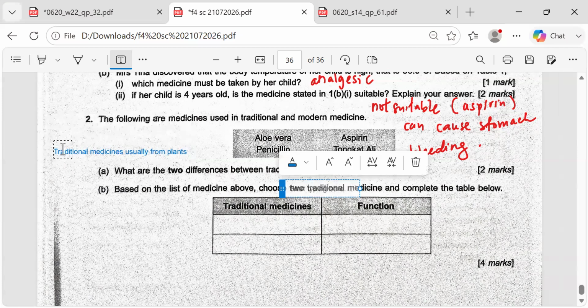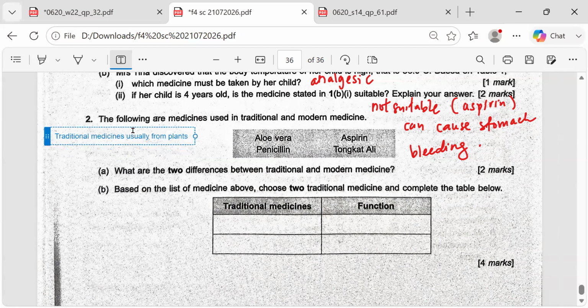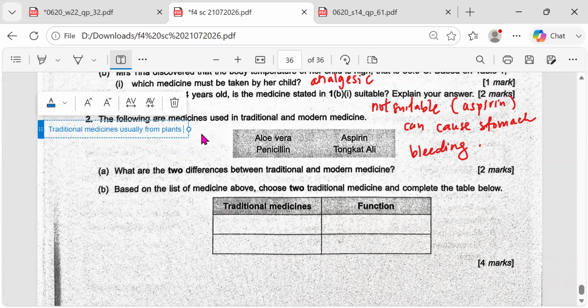Modern medicines are made in the lab using chemicals.